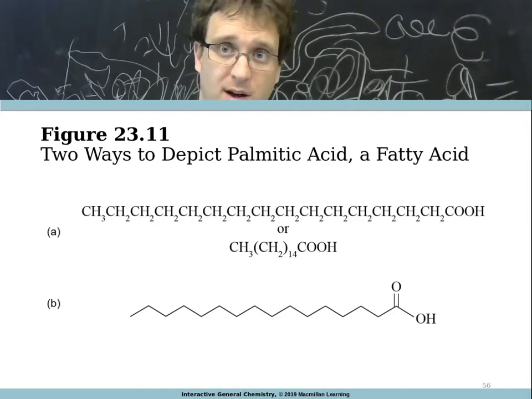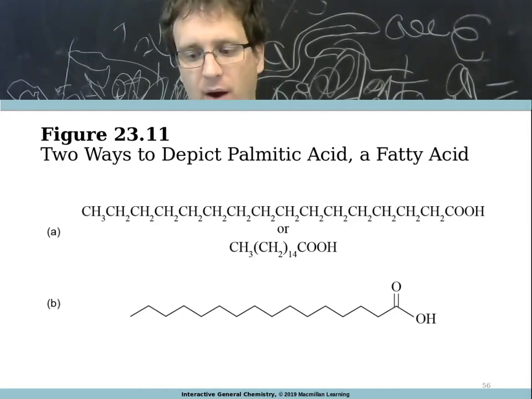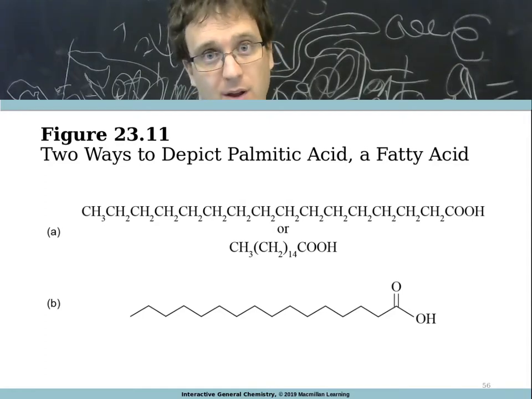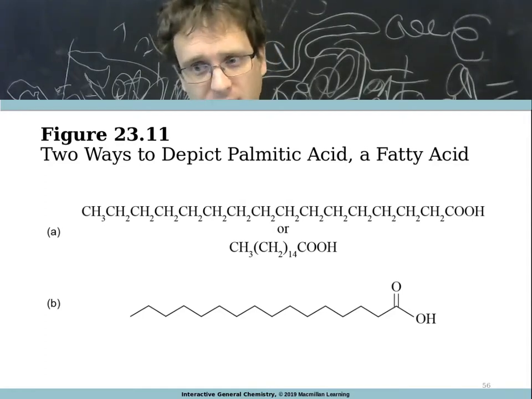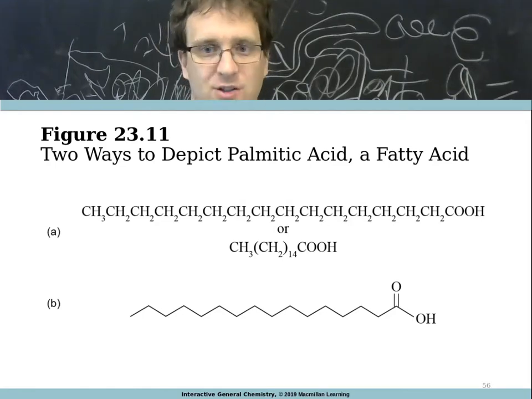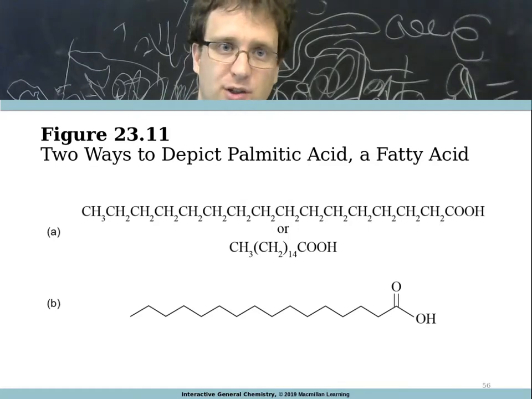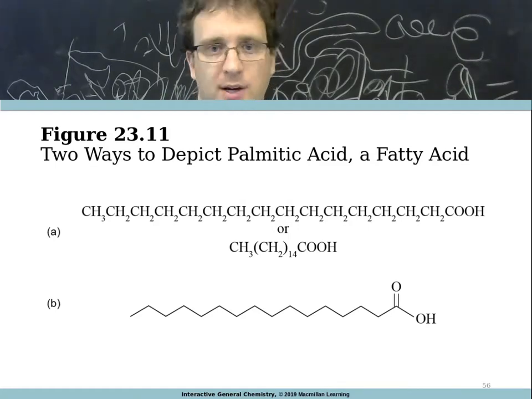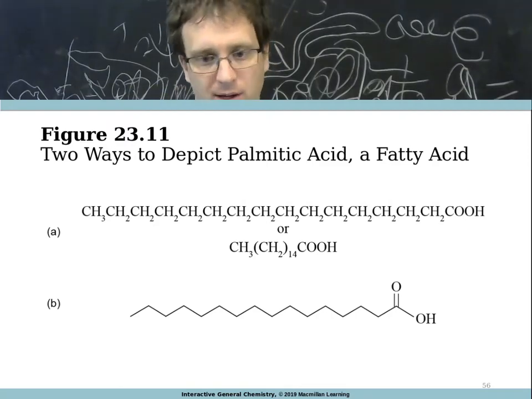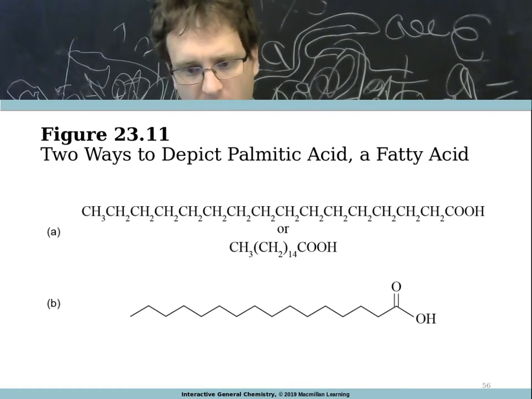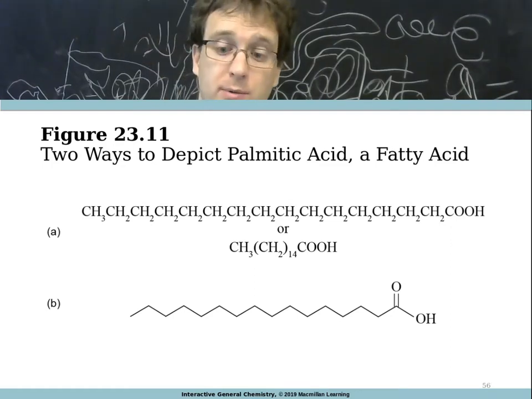So that's not a carbon, that's an oxygen and an OH. But every other corner or end of a line is going to be a carbon together with its hydrogens. And hopefully you can see the advantage to drawing molecules this way. We're able to actually convey structure and shape without giving ourselves carpal tunnel syndrome for writing so many H's and lines and things. So these are different ways to represent that fatty acid, palmitic acid.